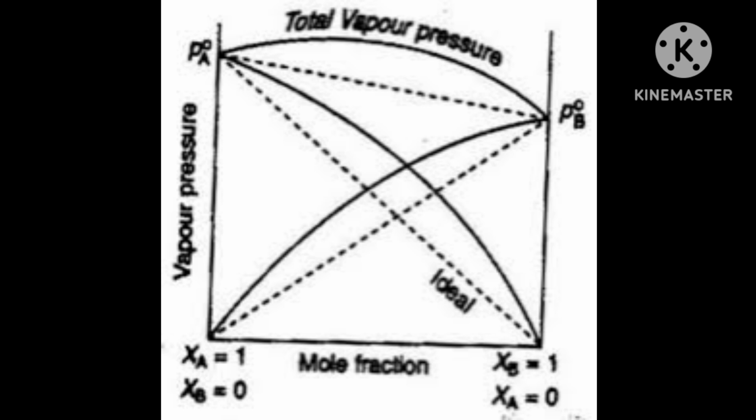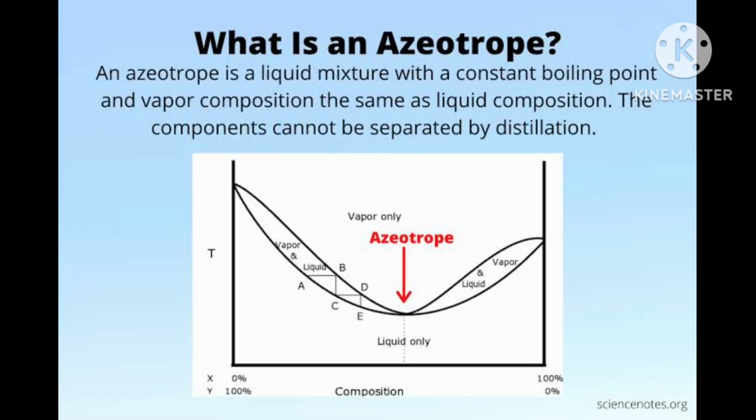This means that in such a solution, molecules of A or B will find it easier to escape than in the pure state. It will escape, and this will increase the vapor pressure.